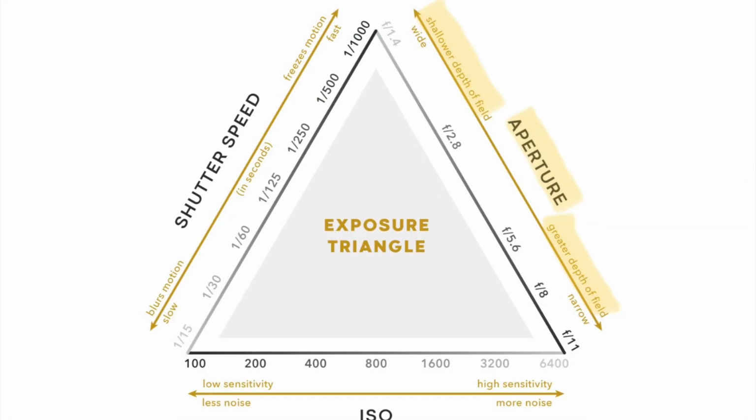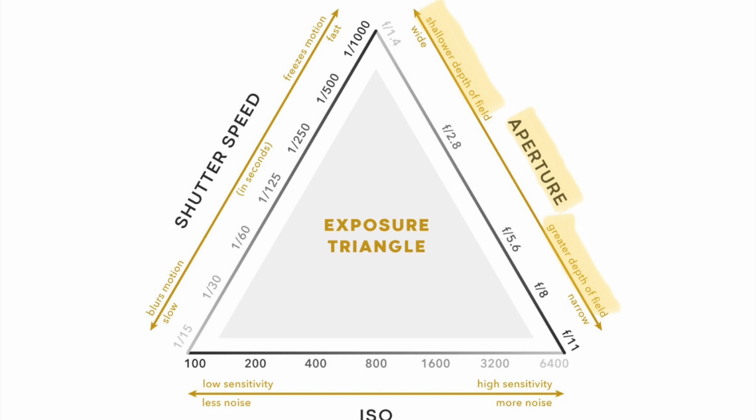The third leg of the triangle represents aperture, or the size of the opening that passes light through the lens. The opening size is expressed as a fraction. That is f over a number.